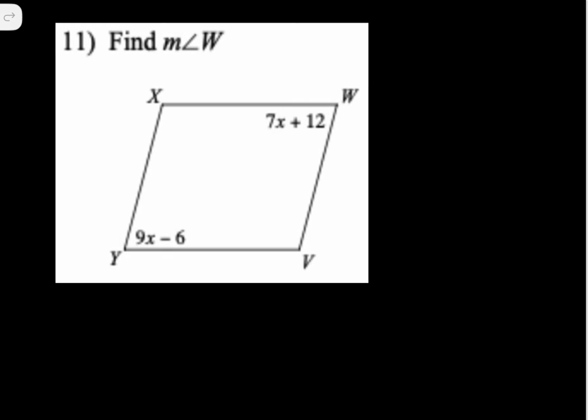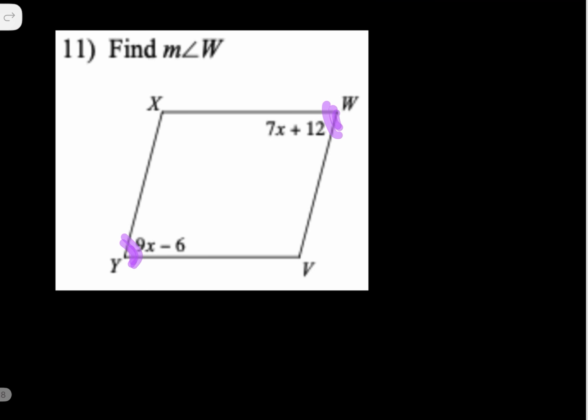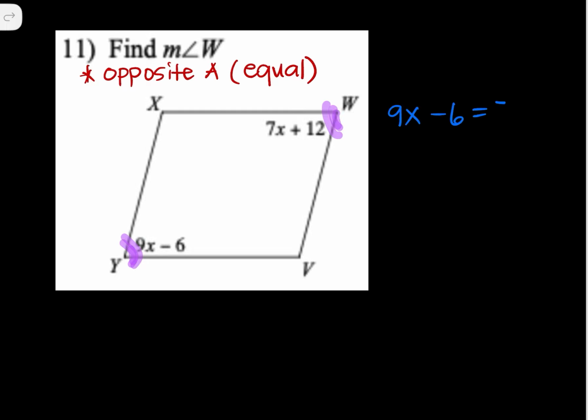For number 11, we are given angles that are opposite angles. And remember, opposite angles in a parallelogram are congruent. So opposite angles are always congruent or equal. Therefore, to set up our equation, we'll have 9x minus 6 equals 7x plus 12.